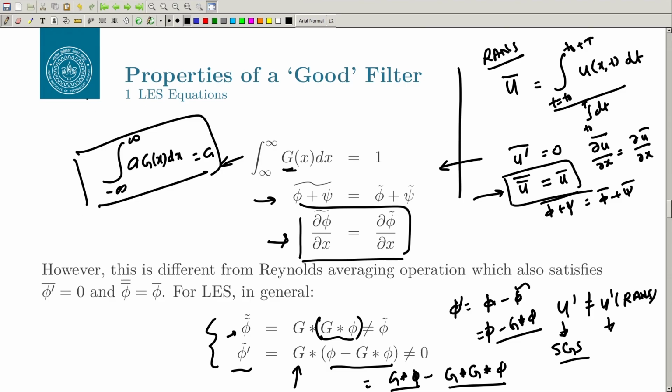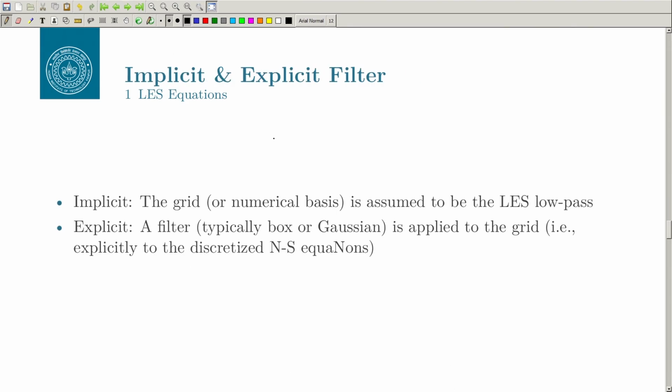Now that we know the filter, we can derive the equations, but before that I want to discuss a little bit about implicit and explicit filters. We have discussed the box filter, Gaussian filter, cutoff filter and so on, but they will not be explicitly used while writing a code or doing the simulation. What we assume is that our grid itself is the LES low pass filter.